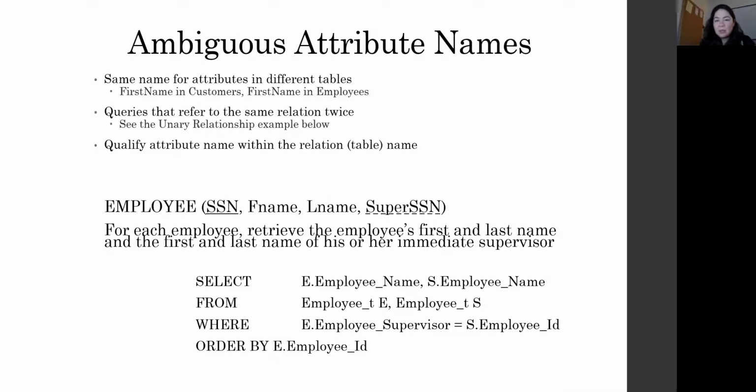The second thing that it does is that it lets us do things like this. So if you notice, this isn't actually multi-table, sneaky, sneaky. This is a unary relationship. So we have the employee T, and then we have it once aliased as an E. We have it the second time aliased as an S. And then we have the employee name, drawing it from the E table.